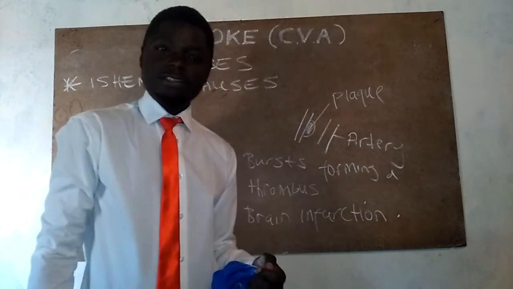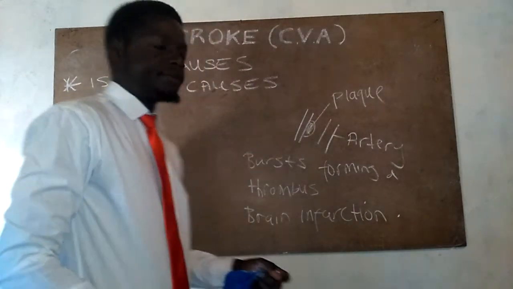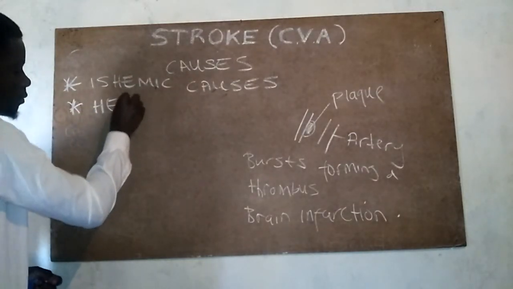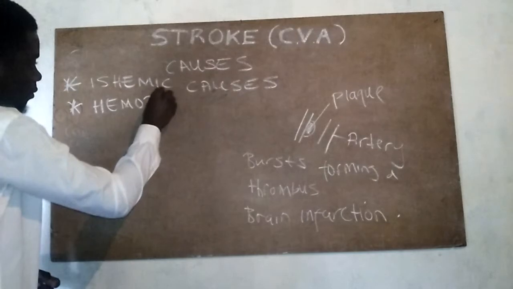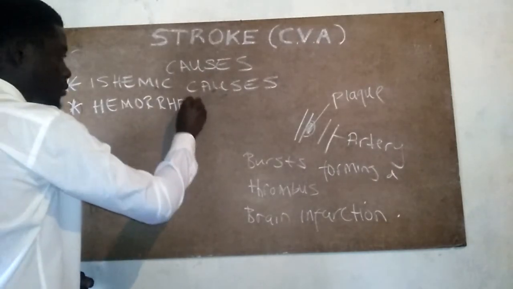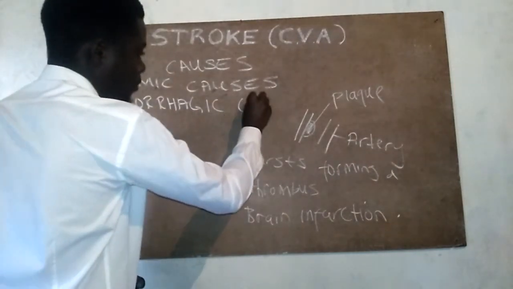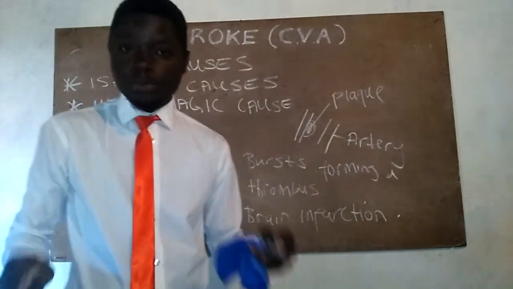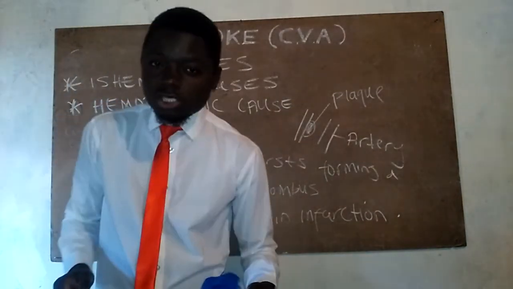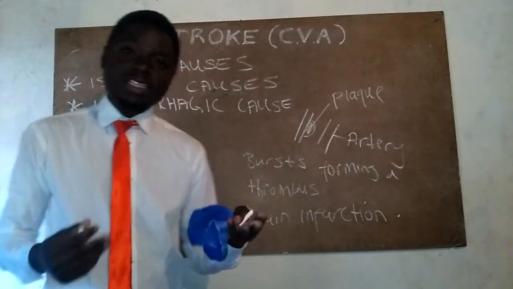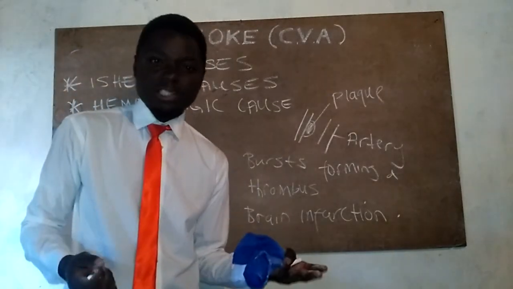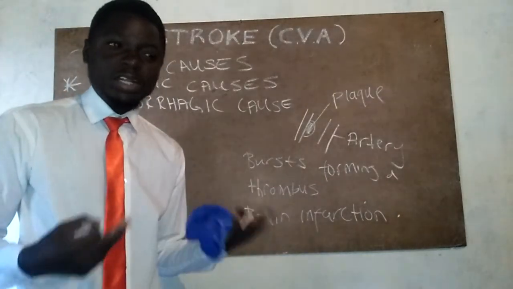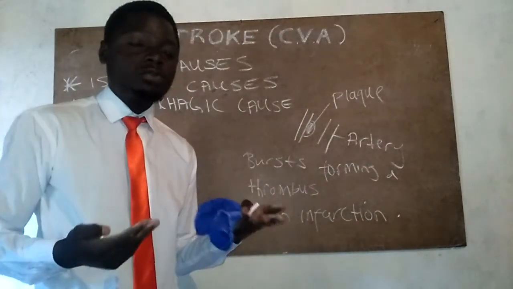The other cause is the hemorrhagic cause. Hemorrhage is bleeding. For example, if the patient has hypertension, there is going to be an increase in blood supply to the brain.